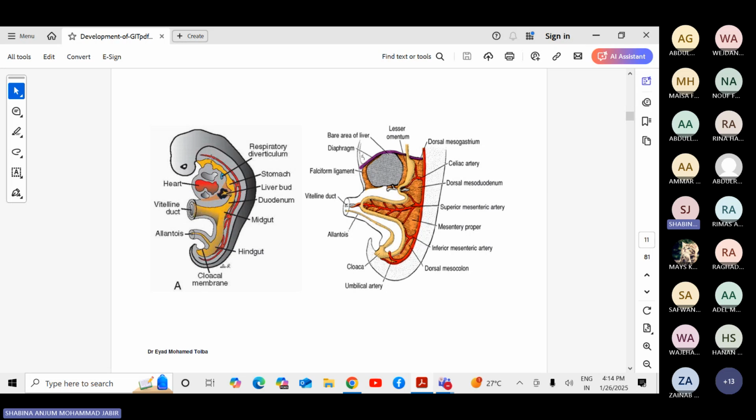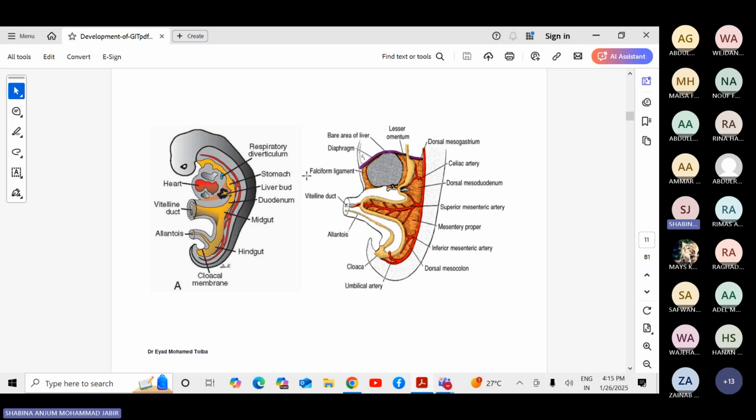Again, here you can see this with the red color, this is the developing aorta, which has sent three main branches to this gut tube. Again, you can find there's a developing heart, and here you can find something is happening in the hindgut also, which is the attachment of the allantois, and there are some structures present over the hindgut.